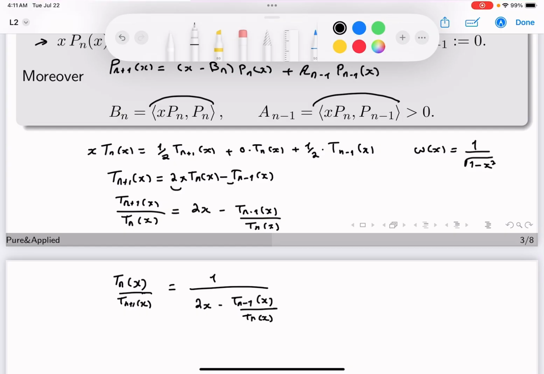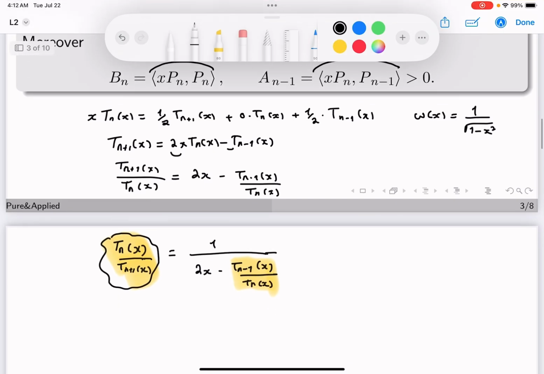But notice that this part here is just this one, but n is replaced with n minus 1. So in other words, I can use the fact that this is going to be in this form, except that n should be replaced with n minus 1. In other words, this is going to be 1 over 2x minus 1 over 2x minus T_{n-2} over T_{n-1} at x.